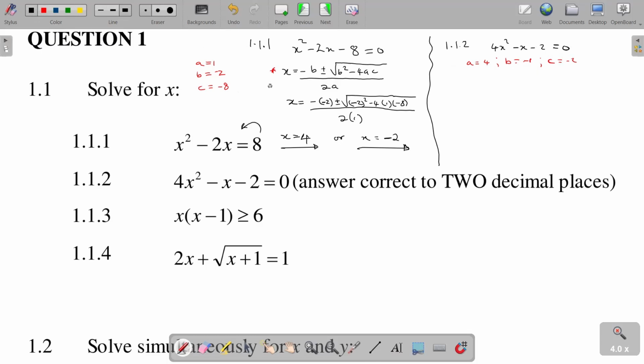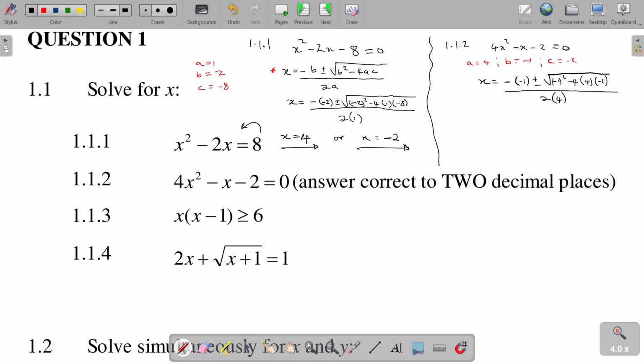Substituting in the quadratic formula, we are going to have our x being equal to minus b, which is -1, plus or minus the square root of b squared, which is -1 squared, minus 4, our a is 4, our c is -2, all over 2, our a is 4.